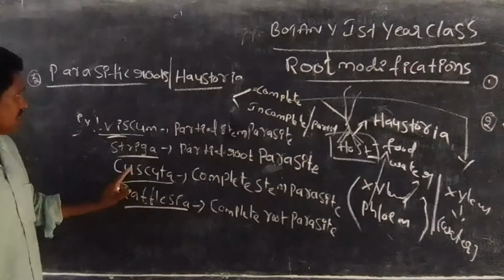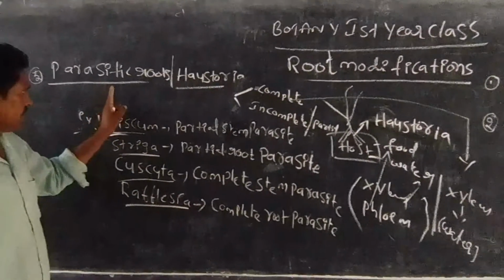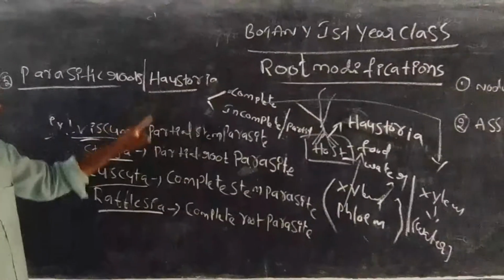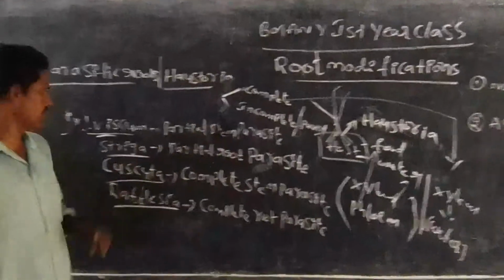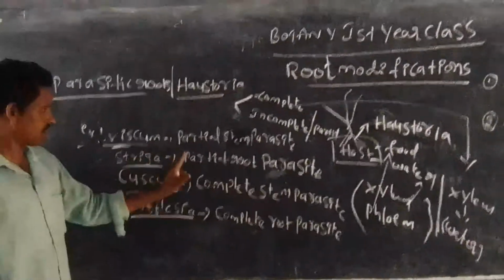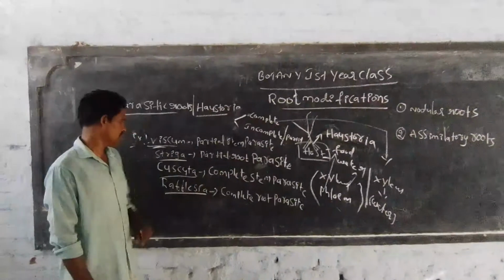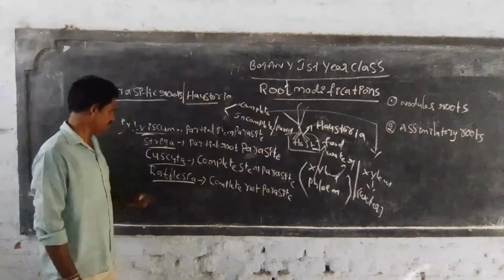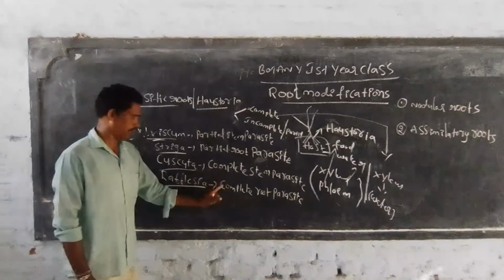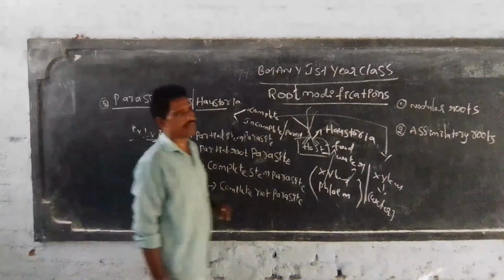These four are examples of parasitic roots or Haustoria.